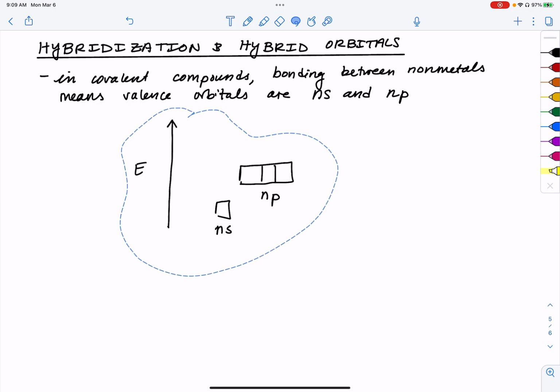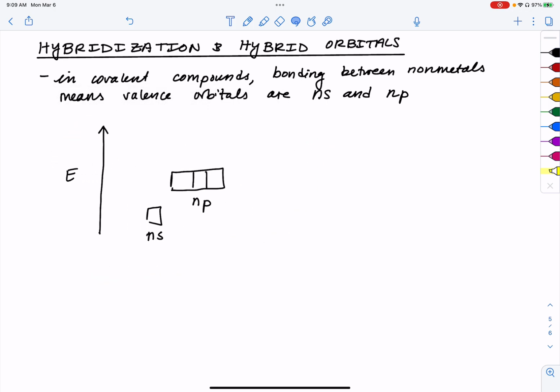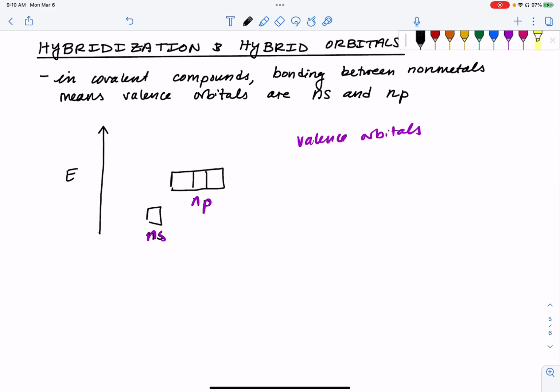So if I know that these are the valence orbitals, but they aren't quite at the exact same energy level, then how is it that I can look at overlaps of these valence orbitals with other valence orbitals on other atoms?